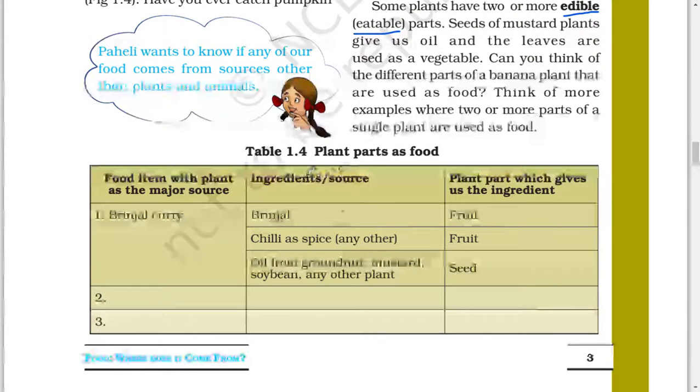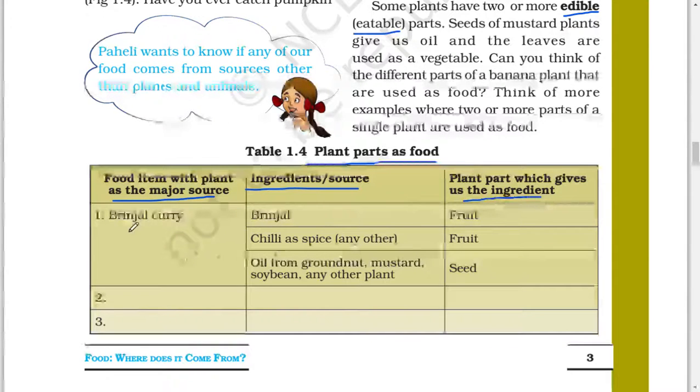Plant parts as food. Food item with plant as the major source, ingredients or sources, plant part which gives us the ingredient. Brinjal curry. Ingredients: brinjal, chili as spice, oil from groundnut, mustard, soybean, and other plants, and any other.